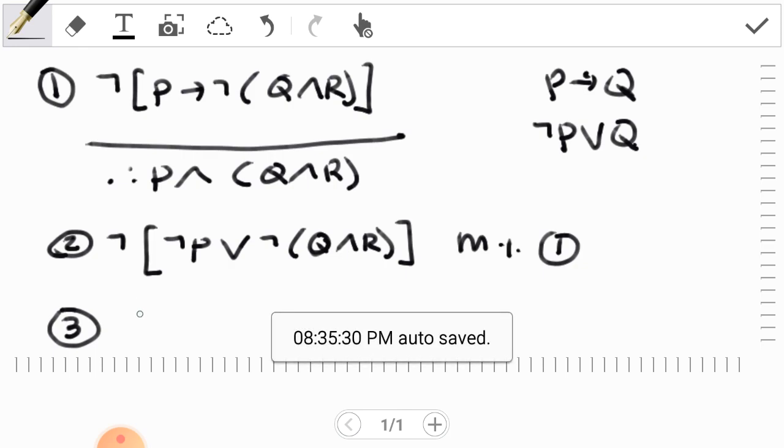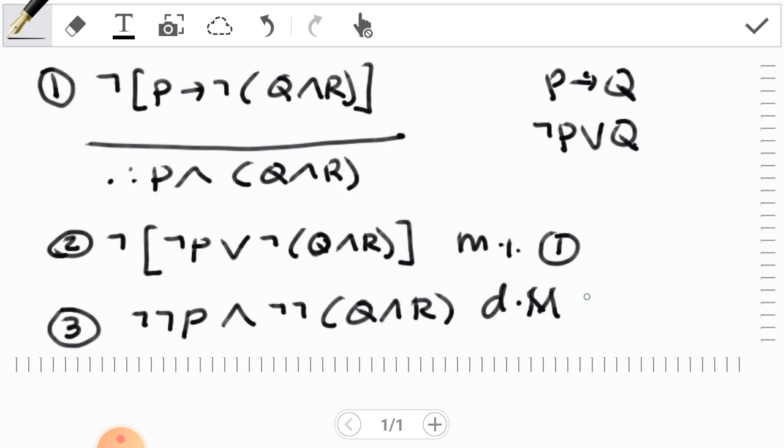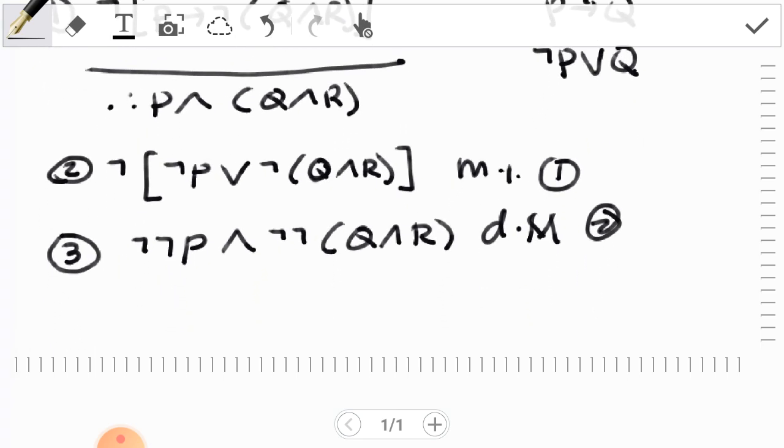Okay, so this will now become not P and not (not (Q and R)). This is using our De Morgan's law in line number 2. Then after using our De Morgan's law in number 2, this will now be a double negation.